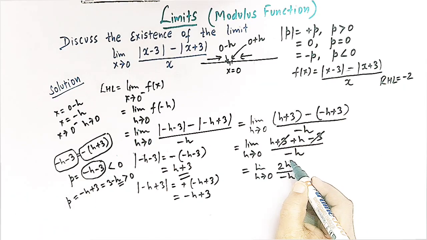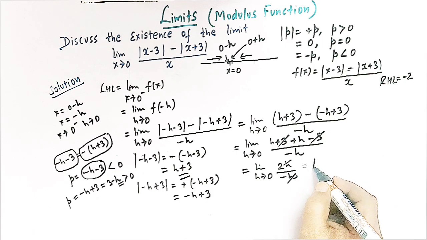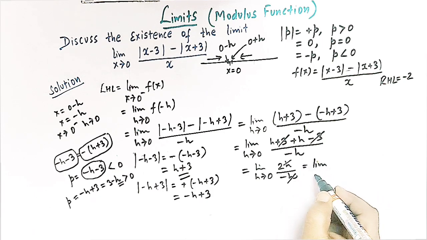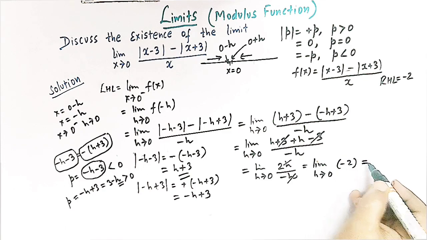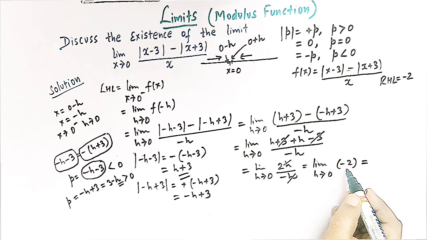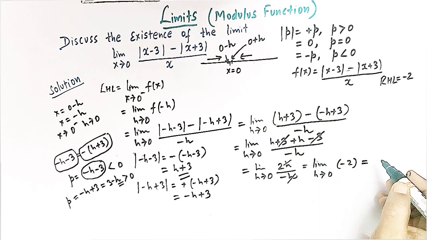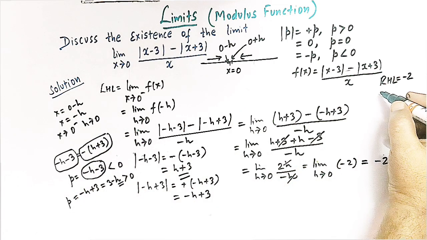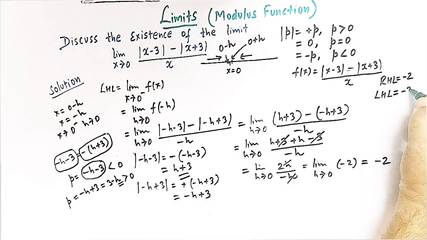So now this h and this h get cancelled, and we are left with limit h tends to 0 of minus 2, right? And since this expression is independent of h, we can leave this limit notation. So we have simply minus 2. So we can see that the left hand limit is equal to minus 2.